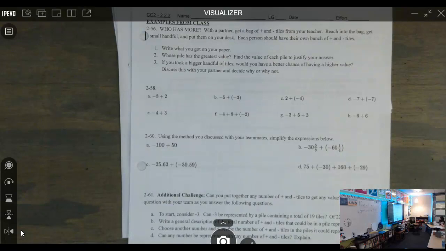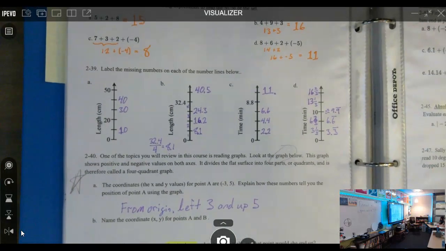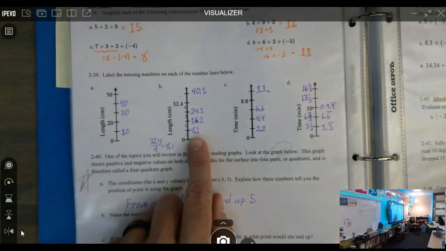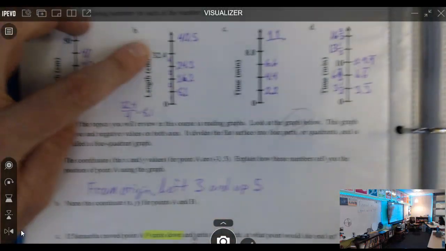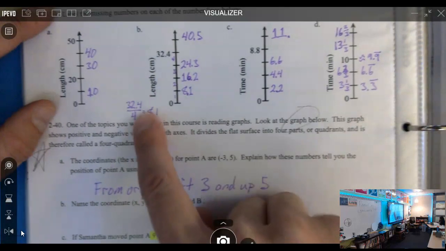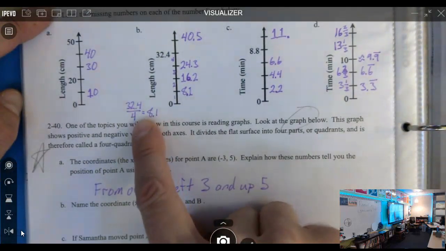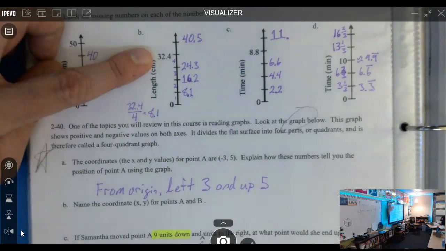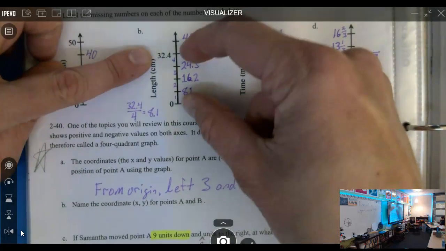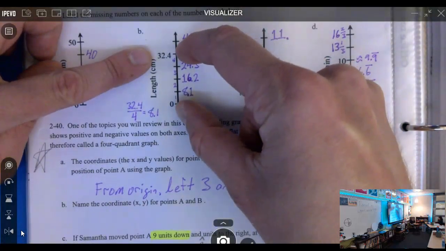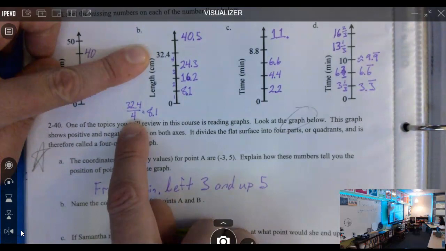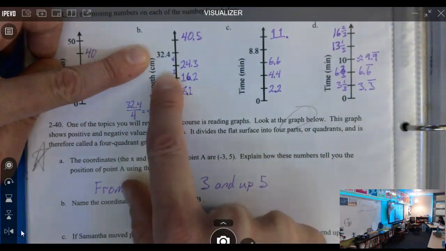On question 39B, how does it go from 8 to 66 and then 44? So wait, 39B? Yeah. So we took, and this is why you can go on Schoology and check with my answer key, I write little notes about how I did it. So we take the distance they tell us for the total, from start to finish, and divide that by how many jumps it takes to get there.